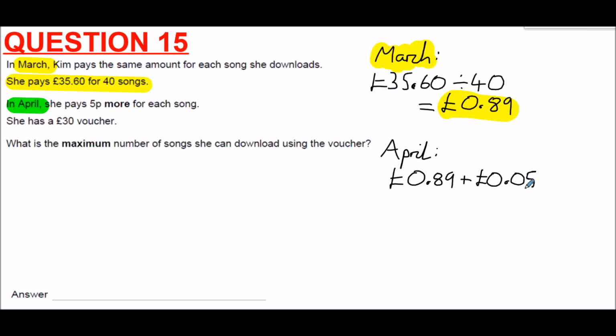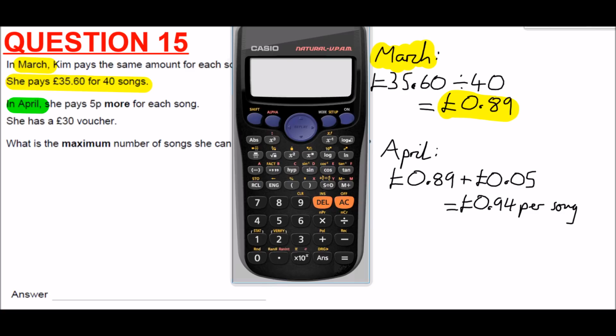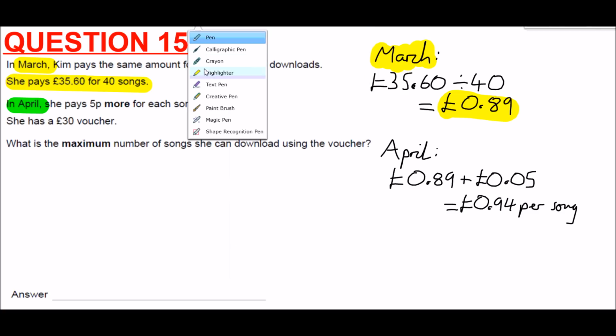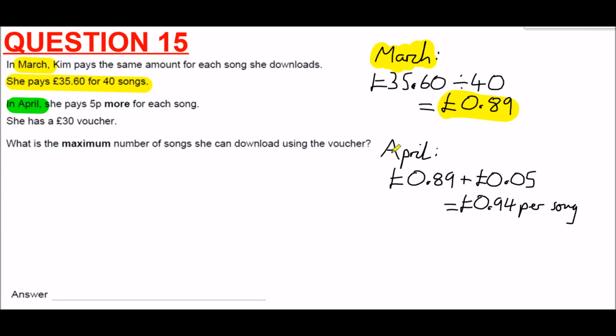We could do 89p plus 5p, which would be 94 pence per song. So it's gone up by 5 pence to 94 pence. So in April, it's now 94 pence per song.